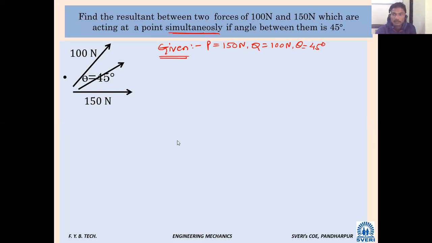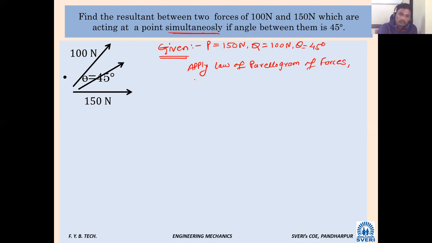That means our conditions are satisfied. So apply the law of parallelogram of forces.